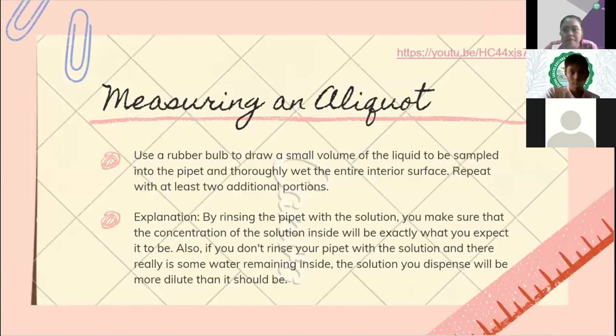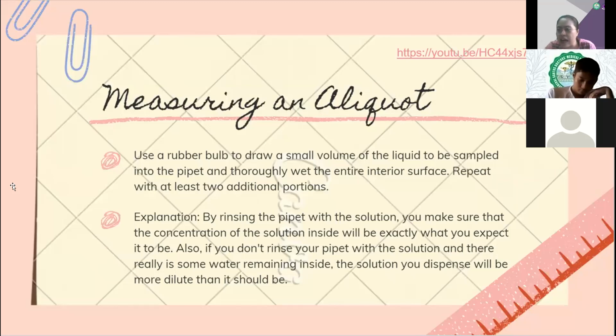Okay? And then in measuring an aliquot, class, you have to connect a rubber bulb sa taas ng ating pipette to draw the liquid para mapunta siya sa loob. Okay? So, kailangan ang rubber bulb niyan.